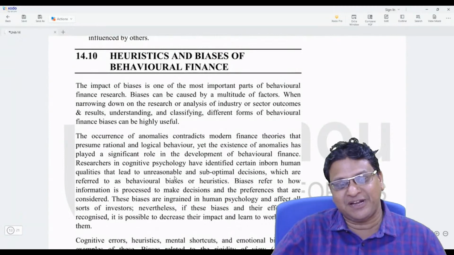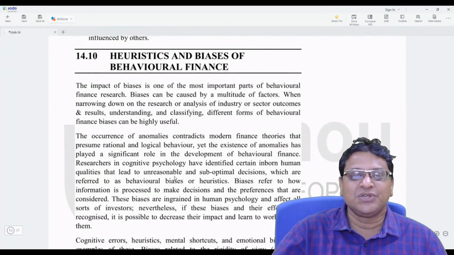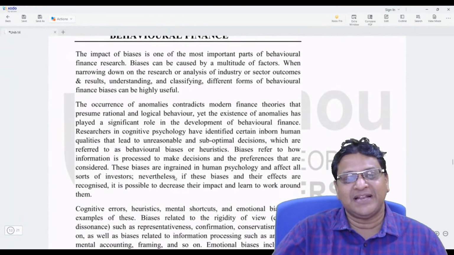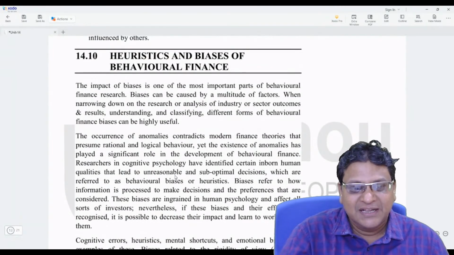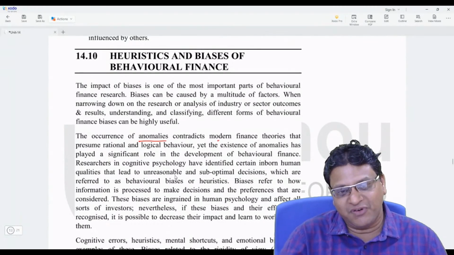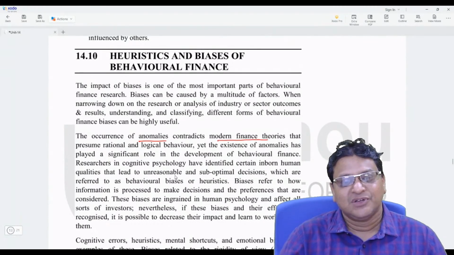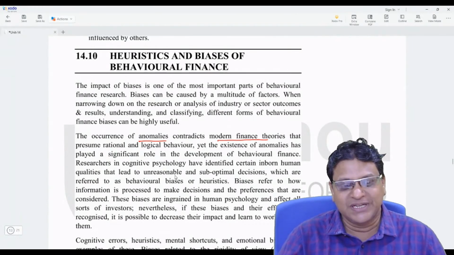Next, we'll discuss different heuristics and biases of behavioral finance. What are the different heuristics and biases which are important in financial decision making? These are known as different anomalies in modern finance theories. What are those anomalies? What are those heuristics? We'll discuss.